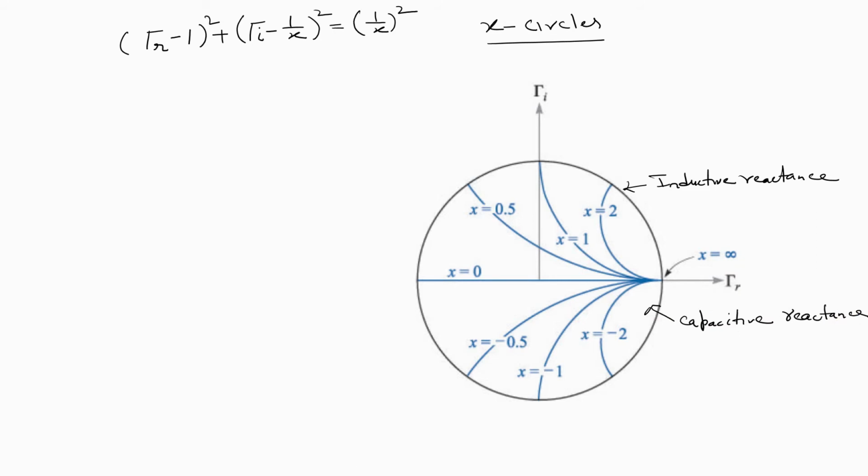Now again here we also have some properties of these x circles.